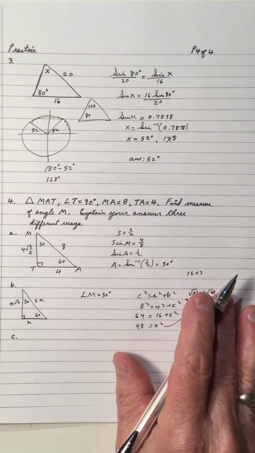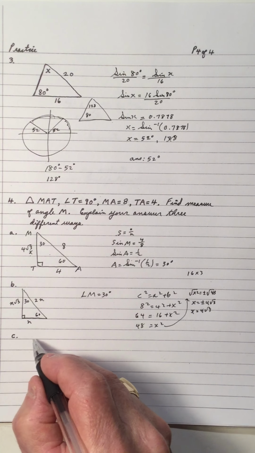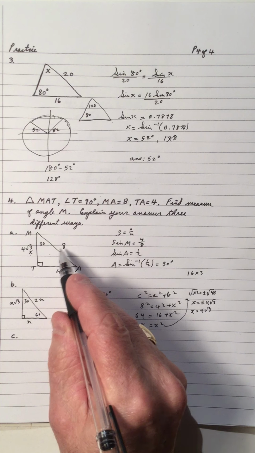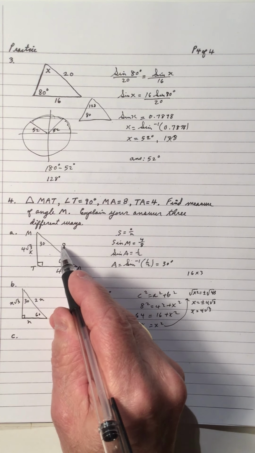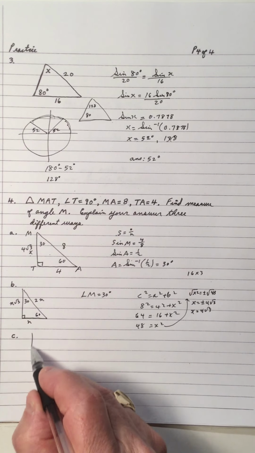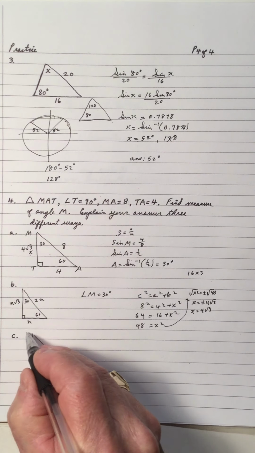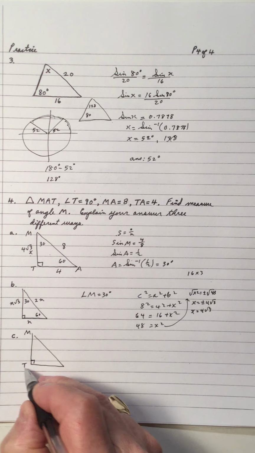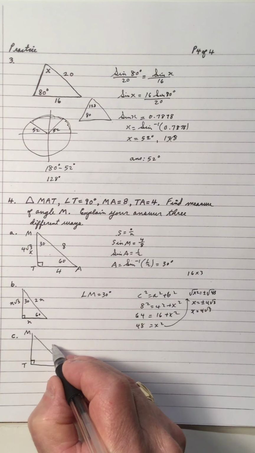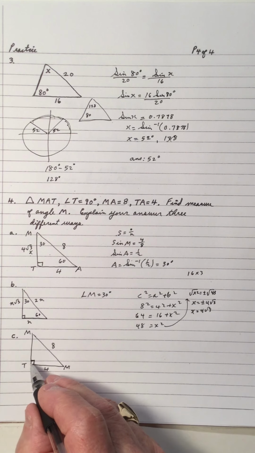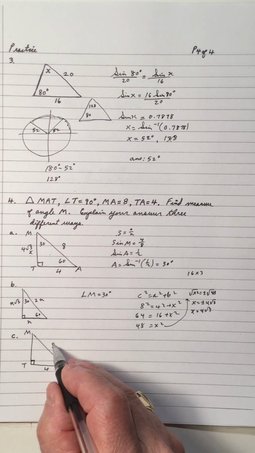And another way to get this is to use the sine law, because we have an angle of 90 and an 8 and a 4. The original triangle was M, T, A with an 8 and a 4. So I have an angle and a side opposite it.